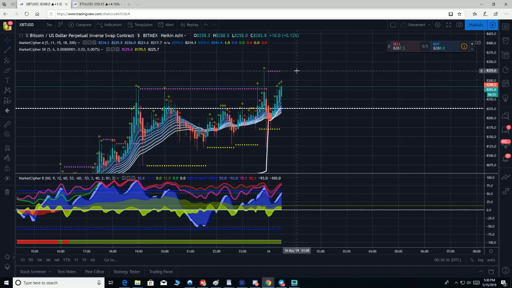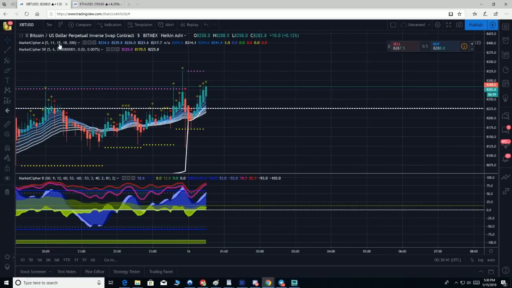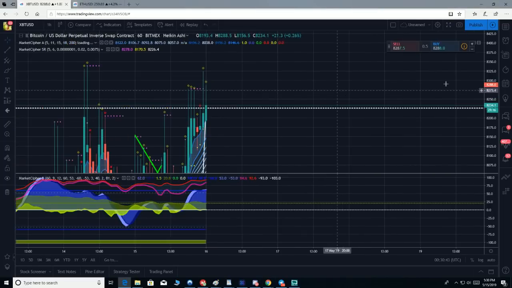Man, next target might be 8300. 8300. Zoom out.